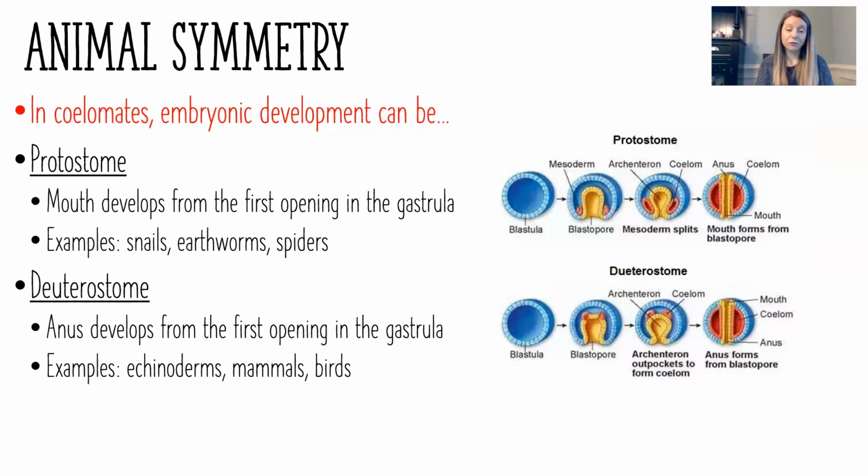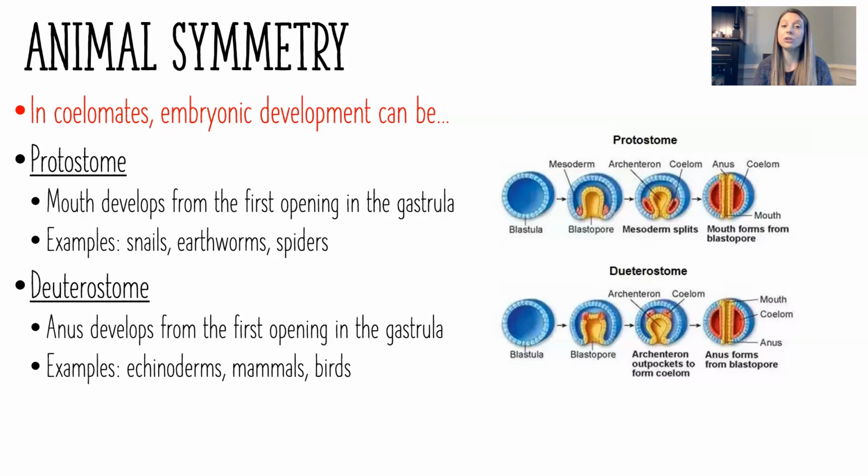And then to further classify coelomates, their embryonic development can occur in two ways. They can have protostome development, which is where the mouth develops from that first opening in the gastrula. So if a mouth develops here, we're going to say that animal has protostome development. That's going to be snails, earthworms, spiders, things like that, more simple animals.